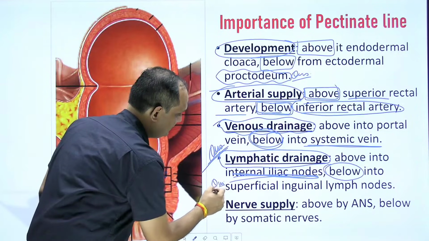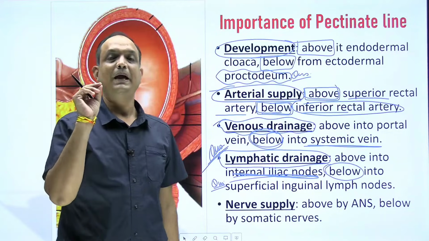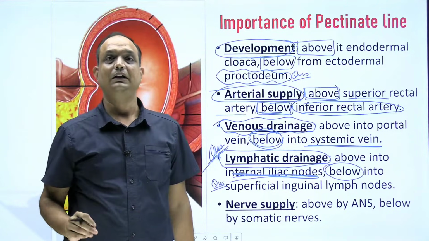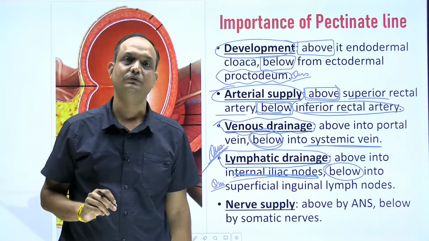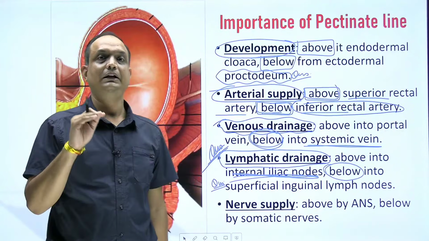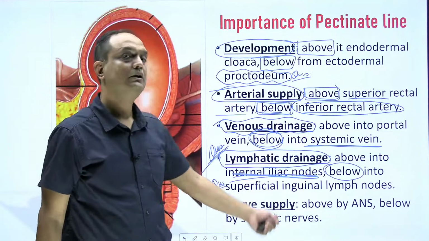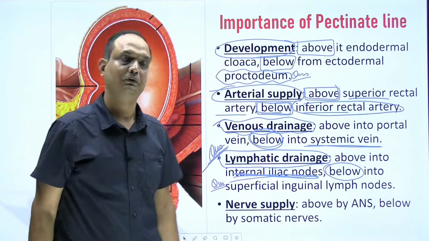This question has been asked many times in multiple choice questions: the perianal area of the anal canal drains into which lymph nodes? You have to understand that the lowermost part of the anal canal, the pectinate area, transitional zone and lowermost area drain into the superficial group of inguinal lymph nodes.